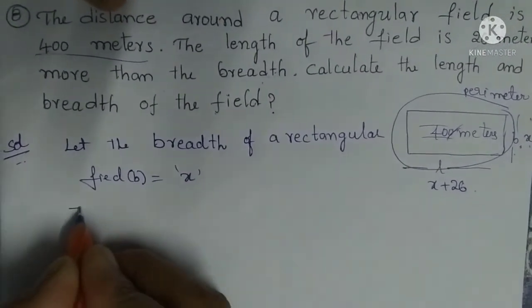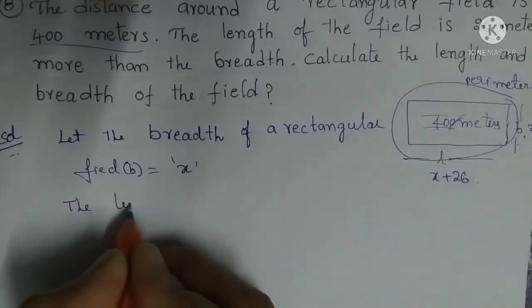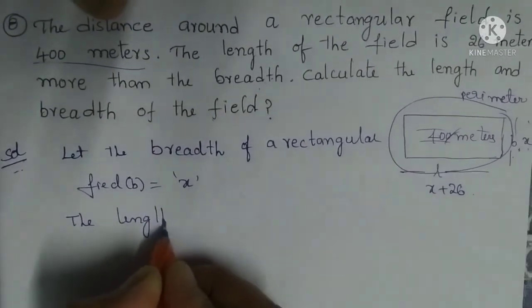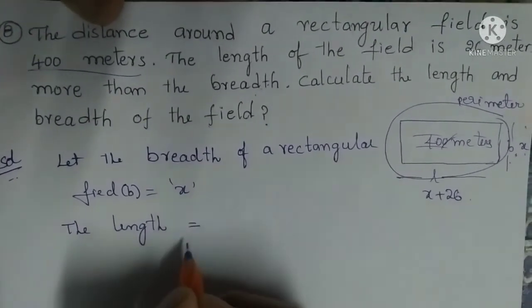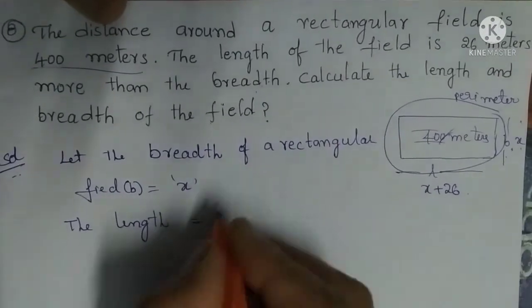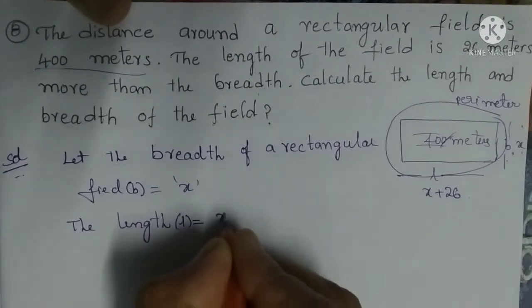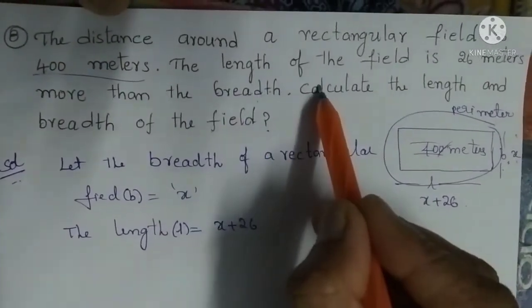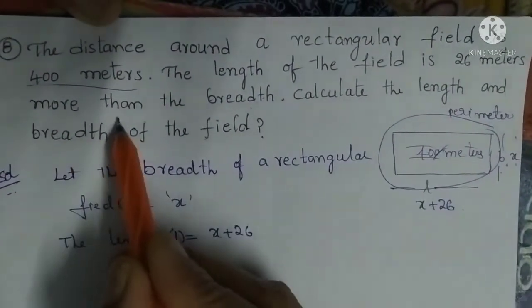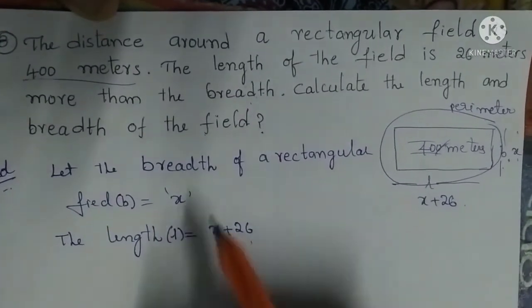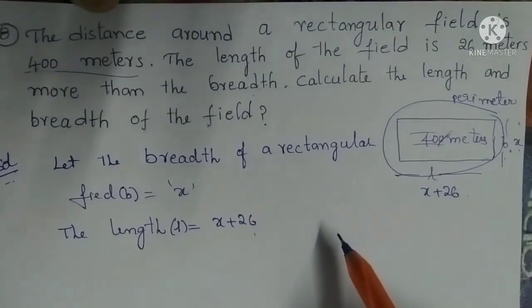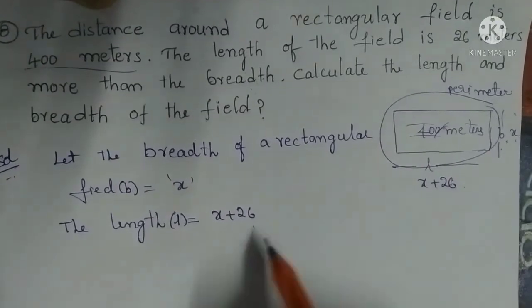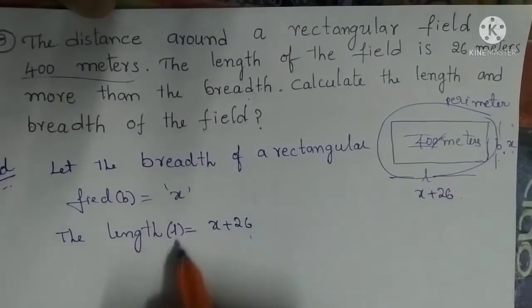Next, the length. What is the length? L is equal to x plus 26. It means the length of the field is 26 meters more than the breadth. More means adding the number. Okay, so the length and breadth are there.